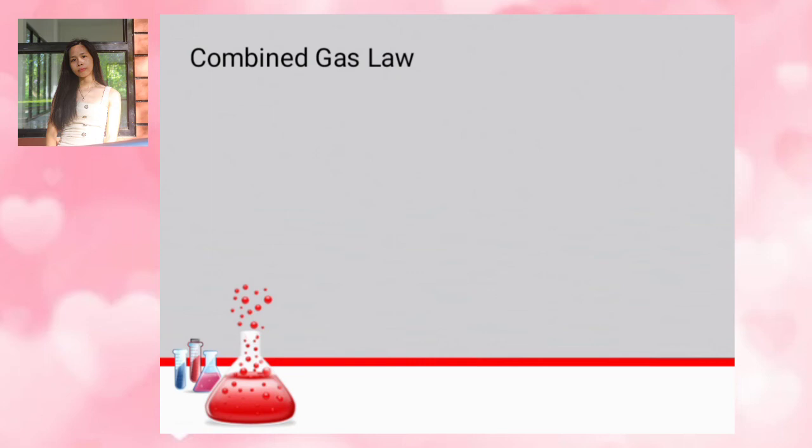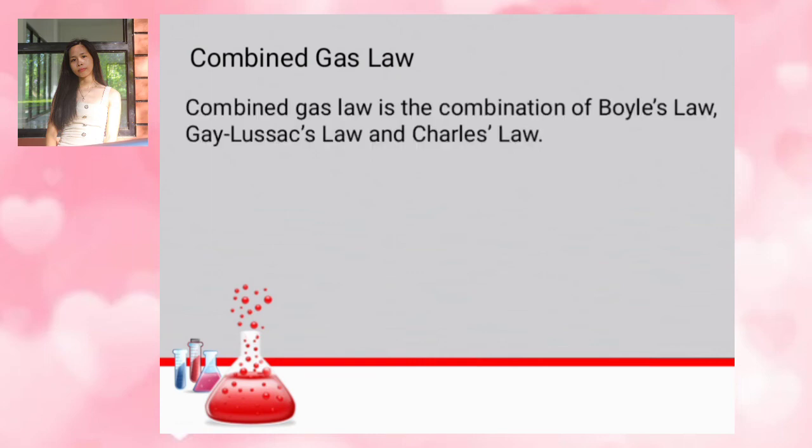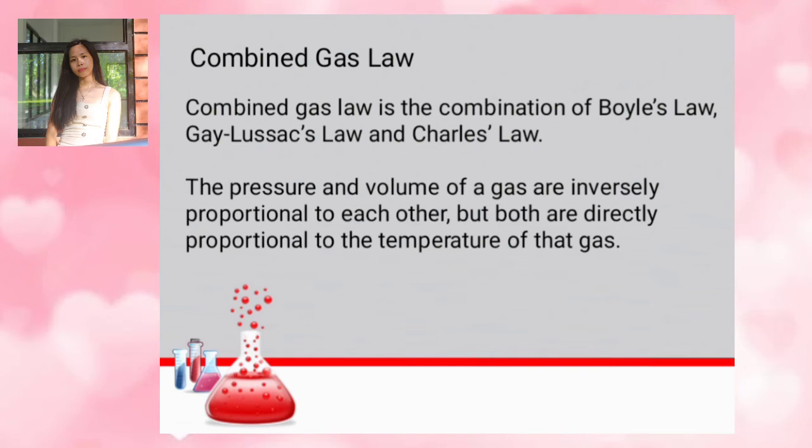The last is combined gas law. Combined gas law is a combination of Boyle's law, Gay-Lussac's law, and Charles' law. The pressure and volume of gas are inversely proportional to each other, but both are directly proportional to the temperature of that gas.